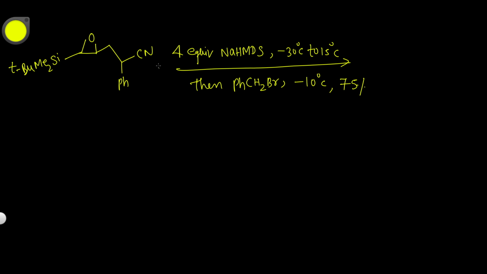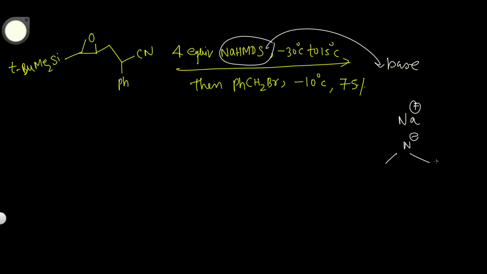So how does this reaction happen? First of all, you should know what NaHMDS is. This is NaHMDS, and it will work as a base. It looks like this: Na plus, and here is N minus. You have silicon, trimethylsilane, Me, and here is also Me. Sorry.